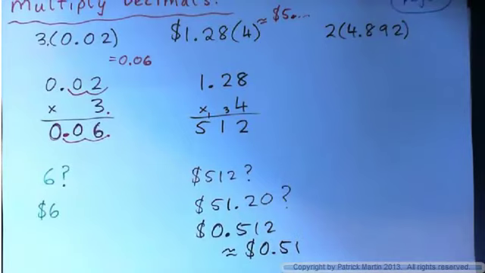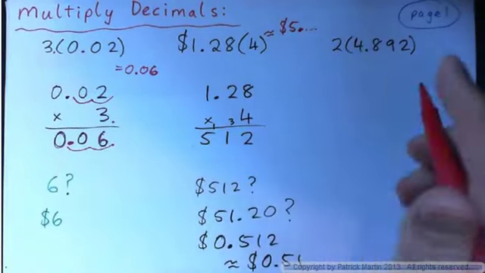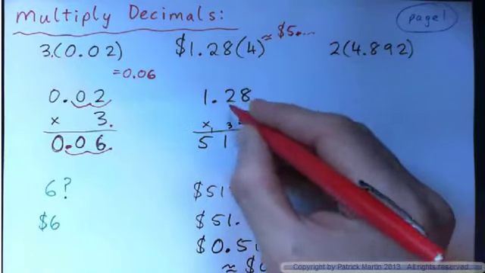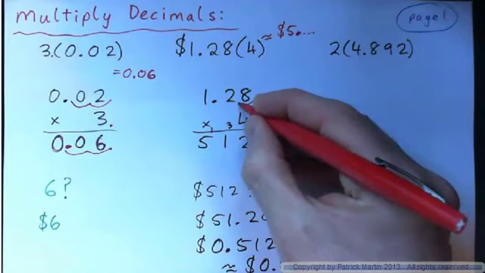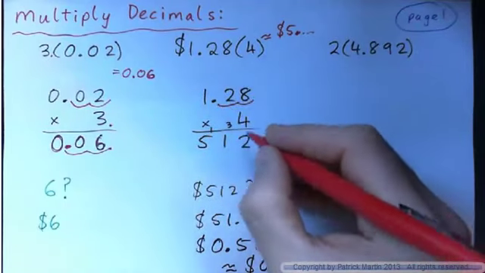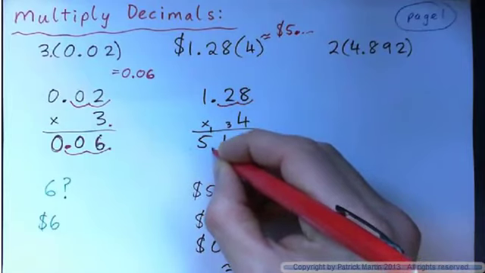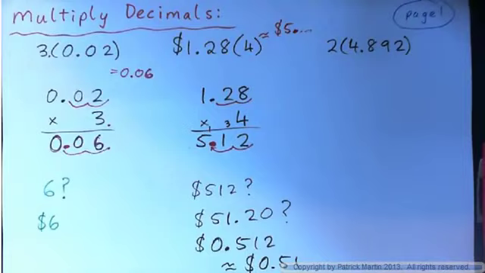Well, like we said, it has to be $5.12, doesn't it? There are 2 decimal places in the problem up here, 1, 2, and so your answer has to have 2 decimal places as well. So the answer is 5.12.